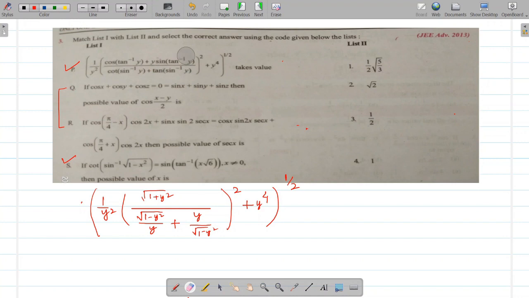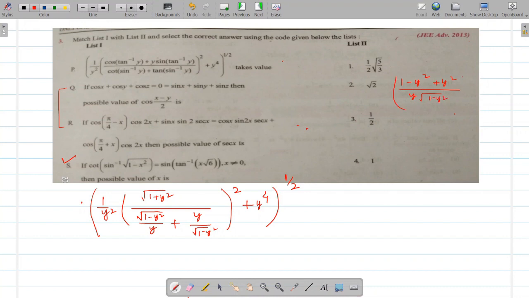So now if you simplify it, the denominator there, you will get 1 minus y square plus y square divided by y into under root of 1 minus y square.